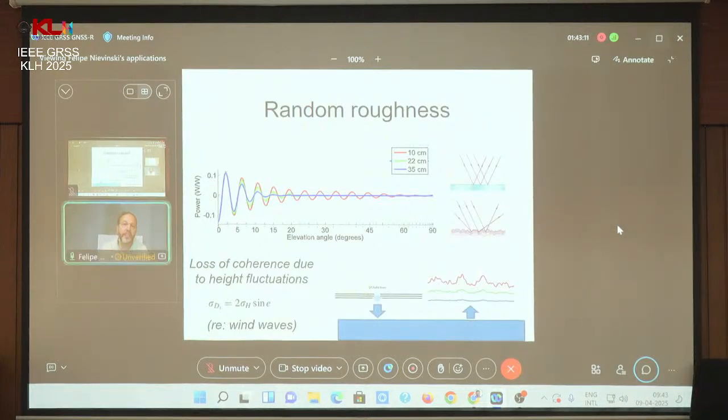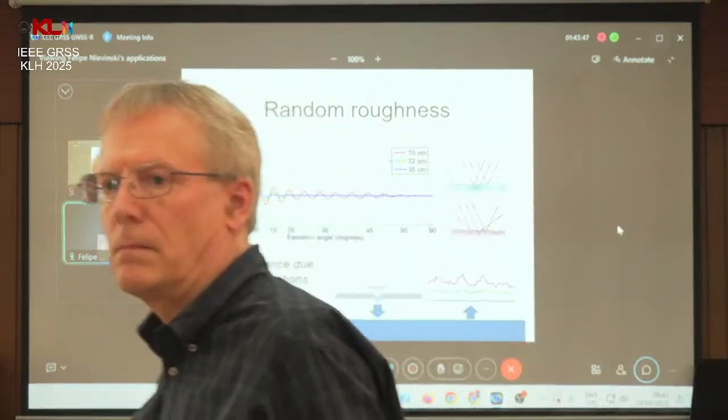The surface's dimensional structure requires that the large scale modulations will shift the position of your specular point, and the small scale random roughness on top of the modulations will primarily decrease the power, because remember the wavelength is important for the generation of specular reflection.